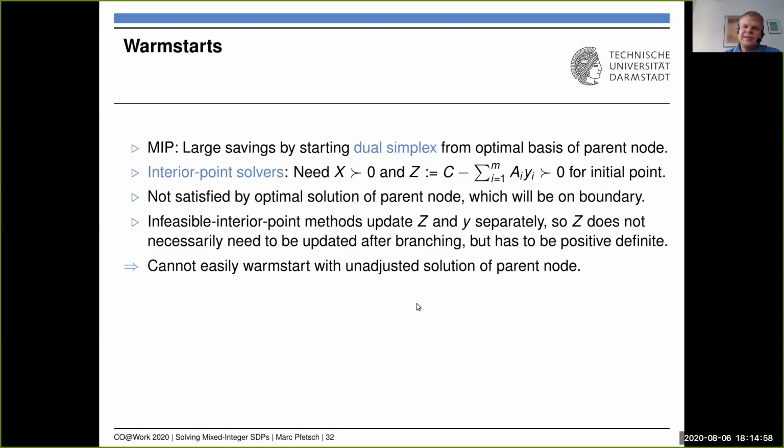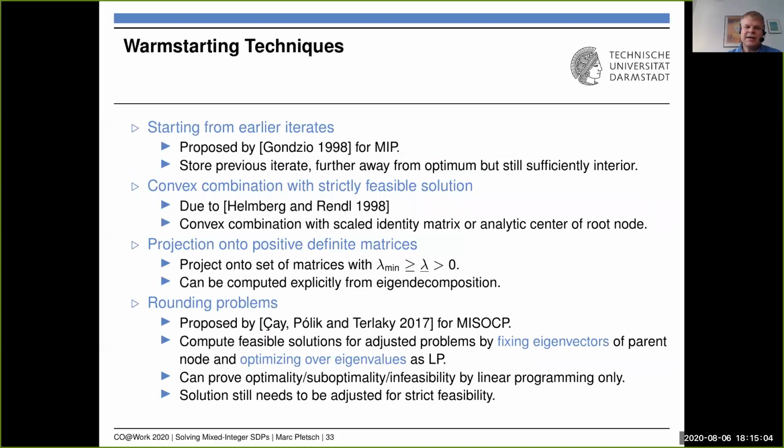So one has to somehow construct these points, and there are several methods to do so. Here are some of them that are collected. One would be to start from an earlier iterate. So we store a point when solving with the interior point method that is not yet optimum but close, and we store it because it is in the interior.